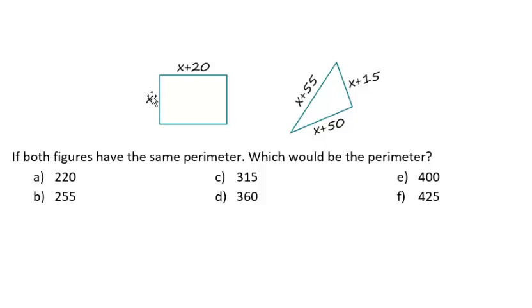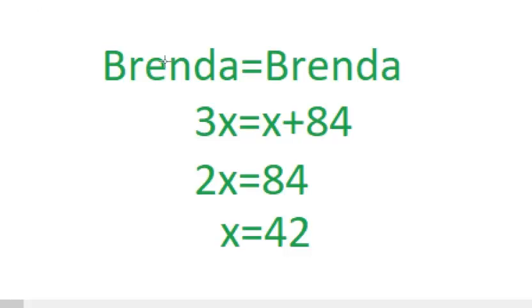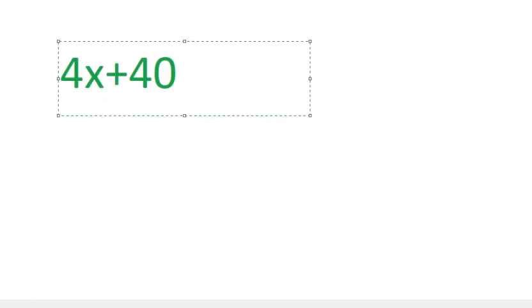So the answer for this perimeter will be 4x plus 20 plus 20, sorry, 20 here and 20 on the other one. So 4x plus 40.